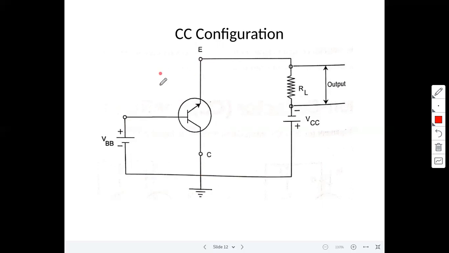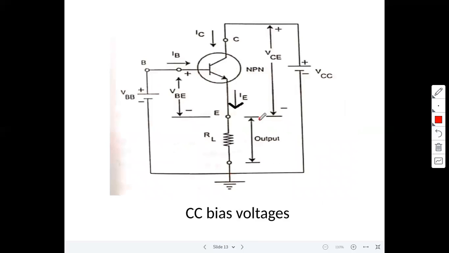Here CB means base directly connected to ground, CE means emitter terminal directly connected to ground, CC means collector terminal directly connected to ground. But this is not a practical circuit. This is what we can say: collector is common to both input and output. But in practical, this is the circuit.